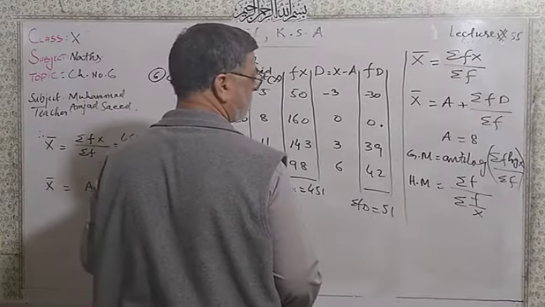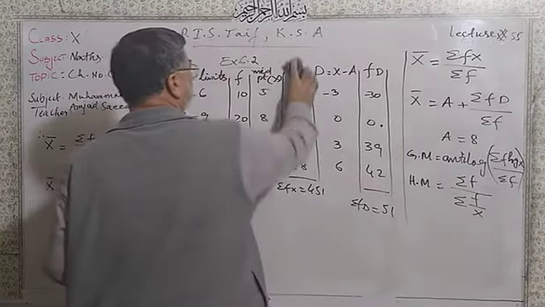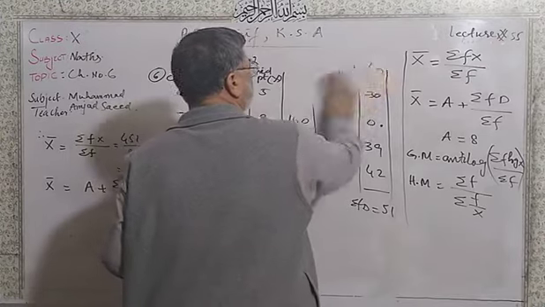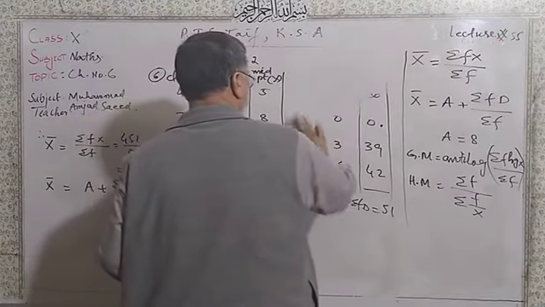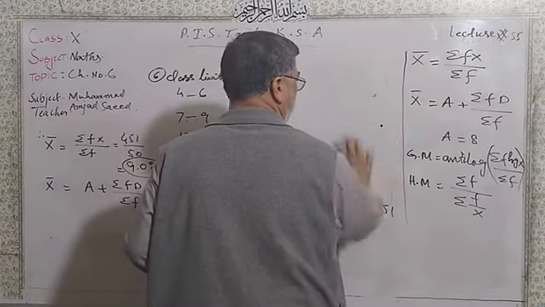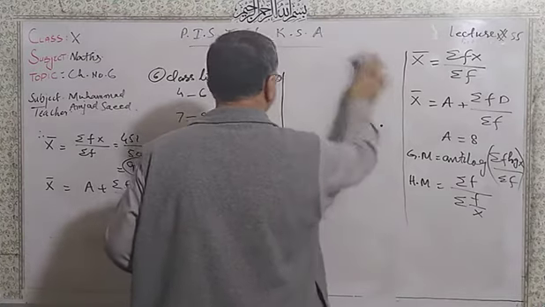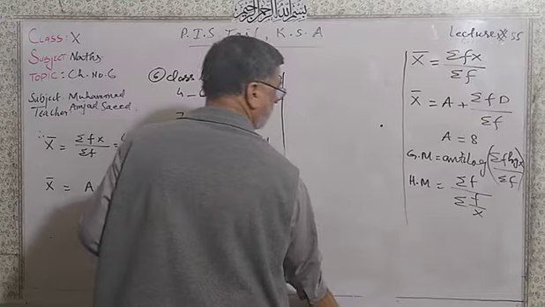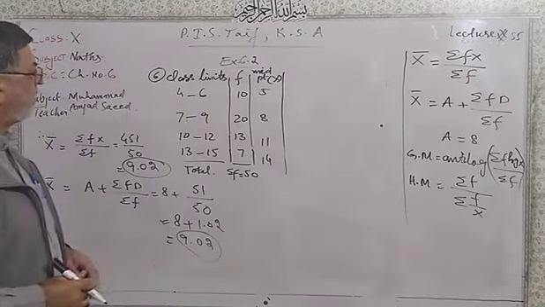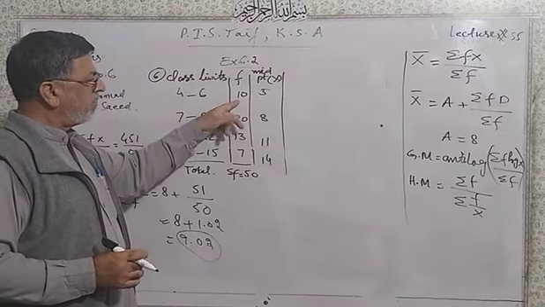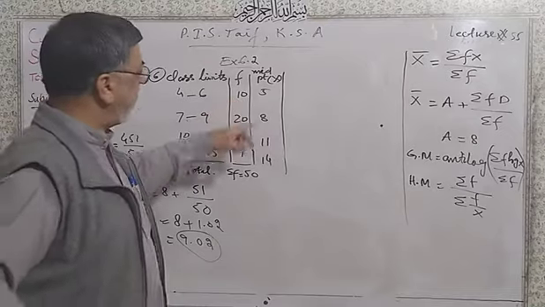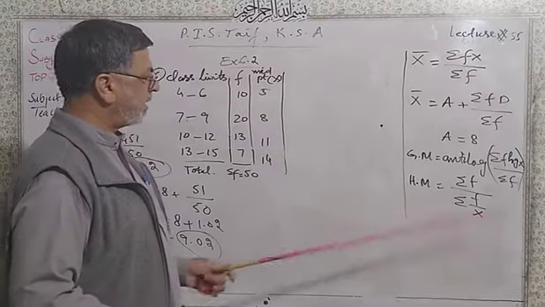After that, we will make the new columns for geometric mean and harmonic means. We have F and X. Look at that.